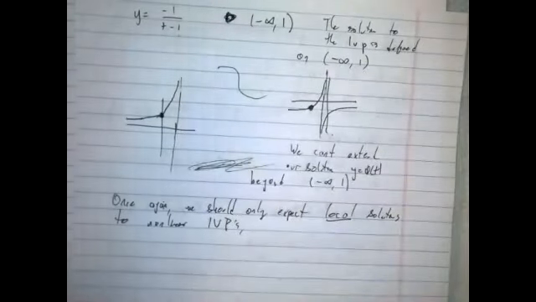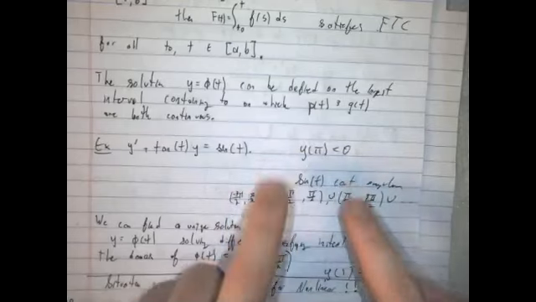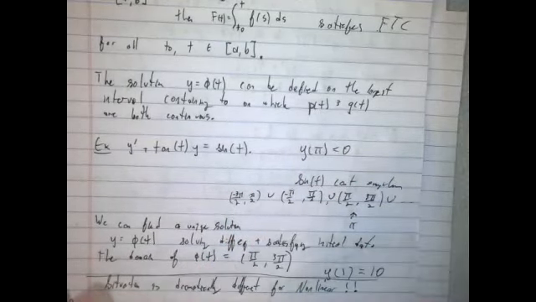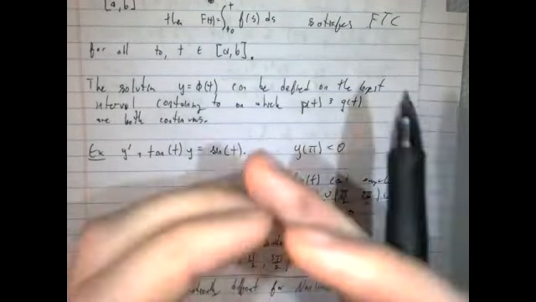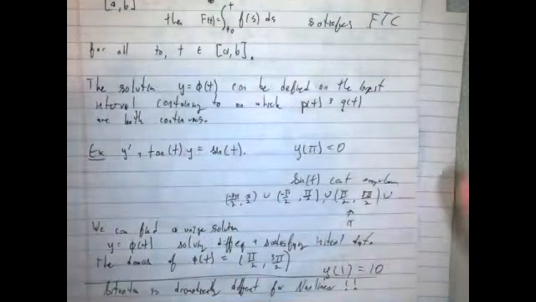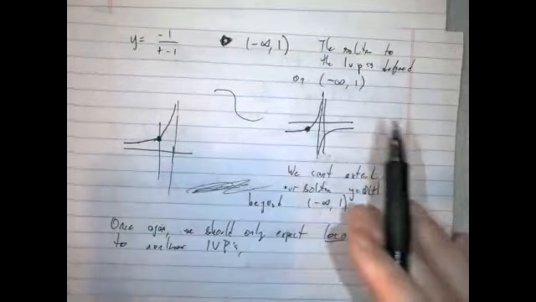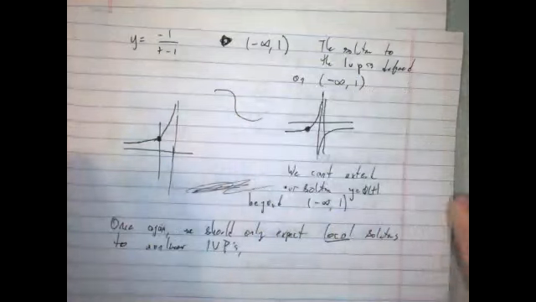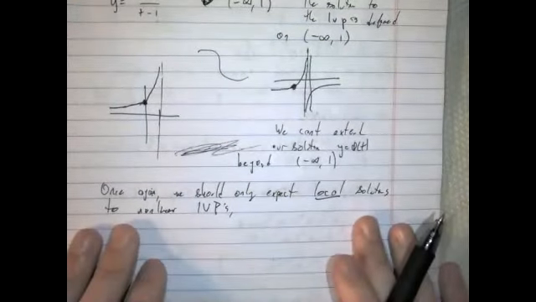If we go way back, for the example with sine of t and tangent of t, I know that I can define it on the biggest possible region where both functions are continuous, containing my initial point. I can define it on the maximal area. For these problems, there's no immediate way, without finding a solution, to tell on which interval you might be able to define your solution. Fundamentally, we only expect local solutions.